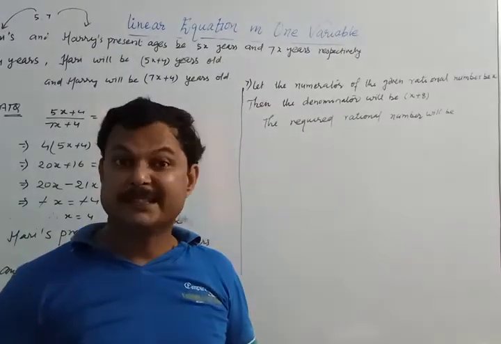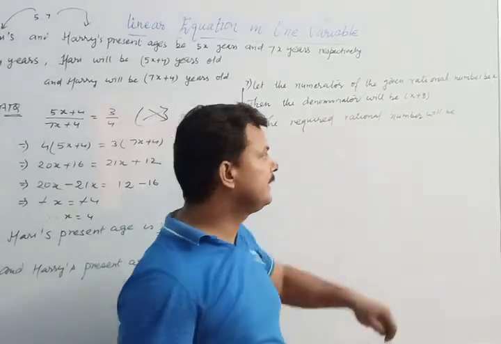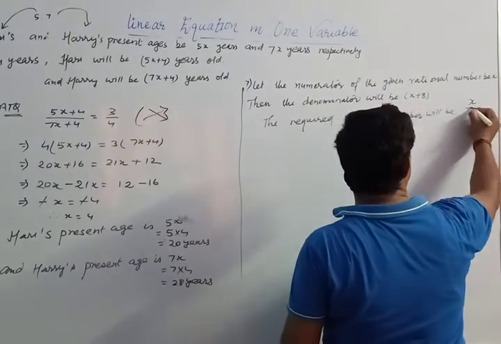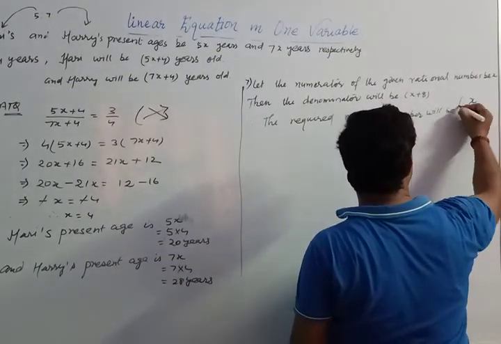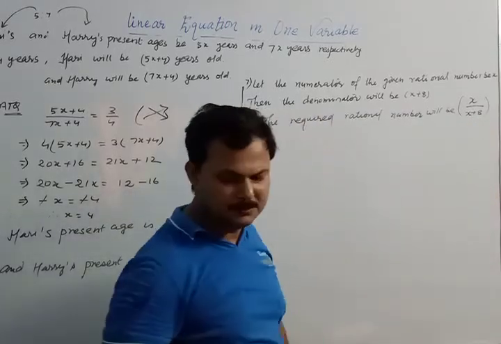P means numerator and q means denominator. So here the numerator is x and the denominator is x plus 8. It will be our rational number.